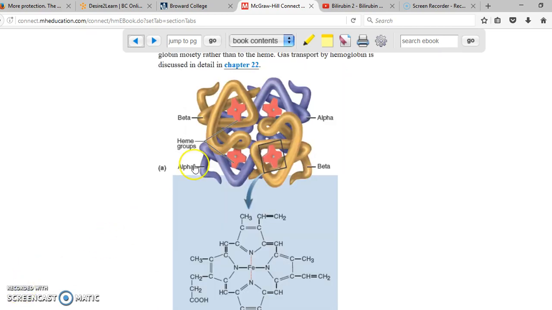If we go to the previous figure, remember the brown and the blue were the globin, and the red with the green was the heme. The globins are going to get destroyed into amino acids, and the heme is going to get destroyed, and you're going to get the free iron from the heme.